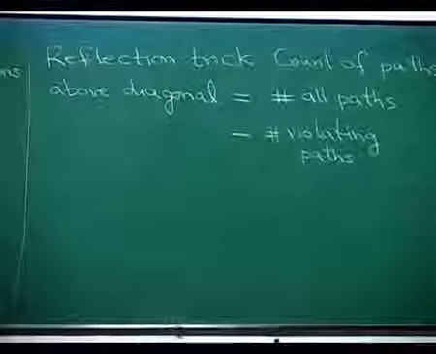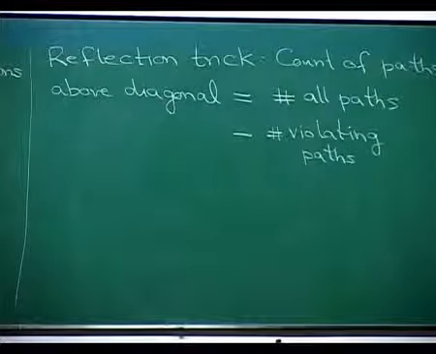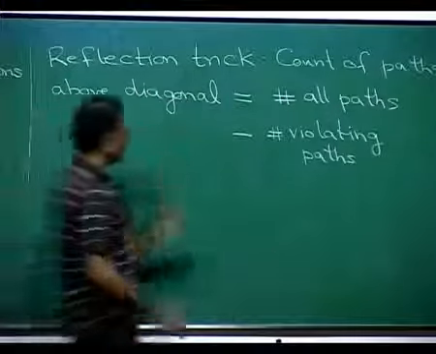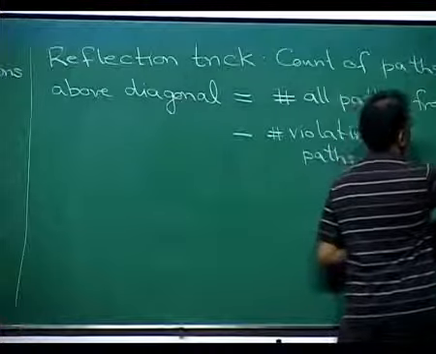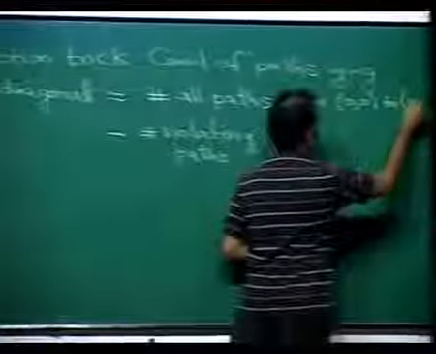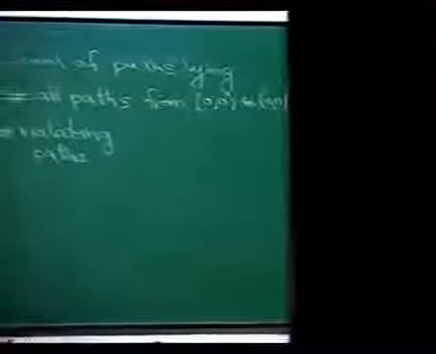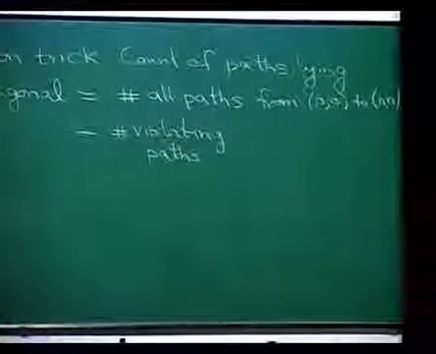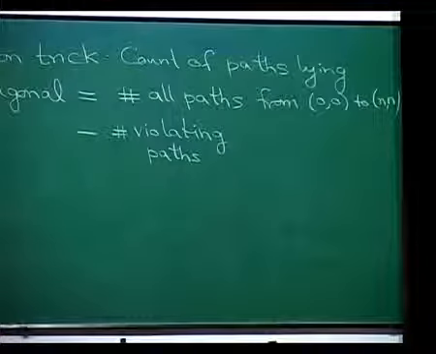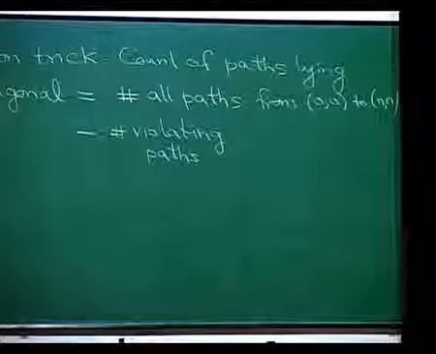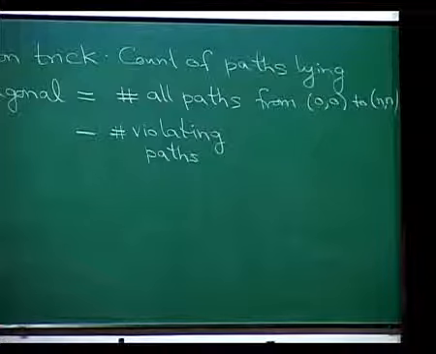Violating paths means going below the diagonal at some place or the other. All paths, what all paths? All paths from 0, 0 to n, n, of course. That count we know. We know the number of paths from 0, 0 to n, n, all paths which go only up or right. We know how to do that. That number is exactly 2n choose n. This part is fine. So all we have to do is to show that the number of paths that violate that condition is 2n choose n minus 1.